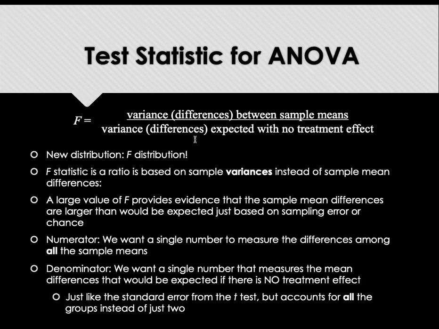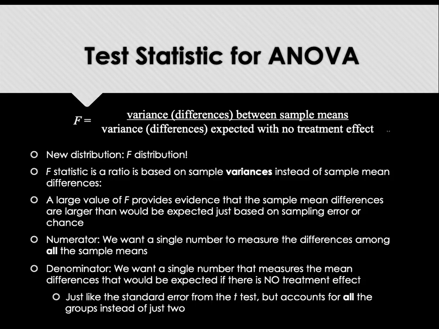And otherwise, the ratio is pretty similar to the T statistic, right? In the numerator, we want a single number to measure the differences among all the sample means. We're going to be looking at variance between all the sample means. And in the denominator, we're going to be looking at a single number that measures the mean differences that we would expect if there's no treatment effect.